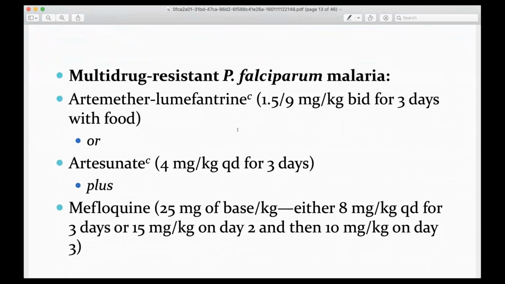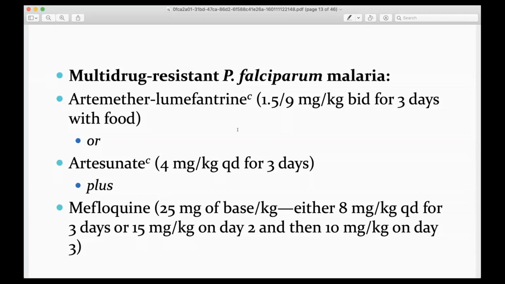So multi-drug resistant Plasmodium falciparum malaria: how will you understand that it is a multi-drug resistant case you are dealing with? If you're not getting a response within 3 days, or there is a previous history of Plasmodium falciparum that was resistant to chloroquine or artesunate, then you can use the first line drug, the artemether and lumefantrine combination.